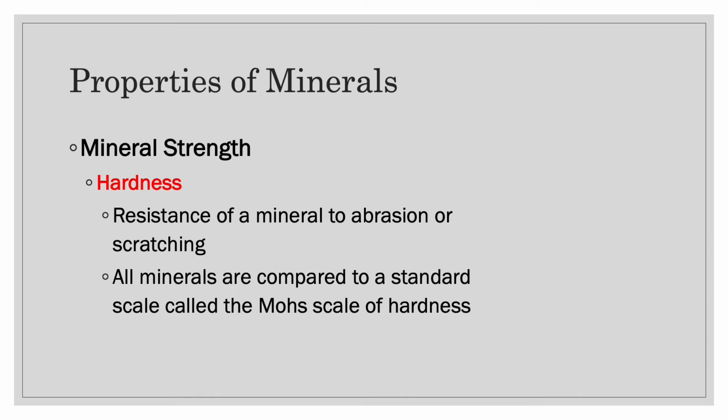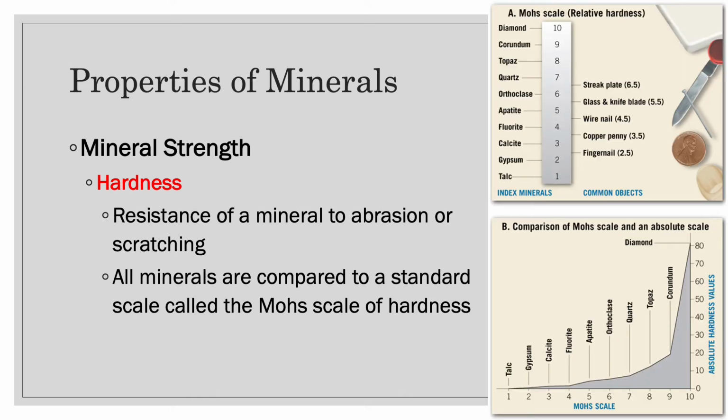When talking about the hardness of minerals, geologists use a standard scale for hardness called the Mohs scale of hardness. And this is the scale right here. So in the uppermost diagram, you can see a number of different types of minerals and their hardness on the Mohs scale.